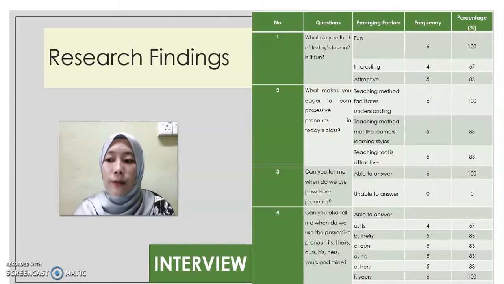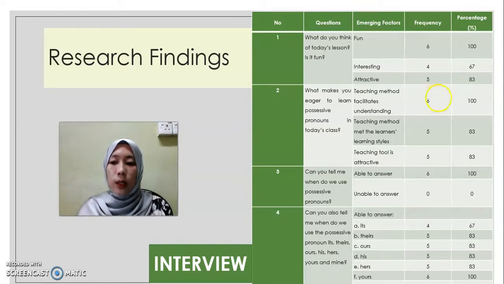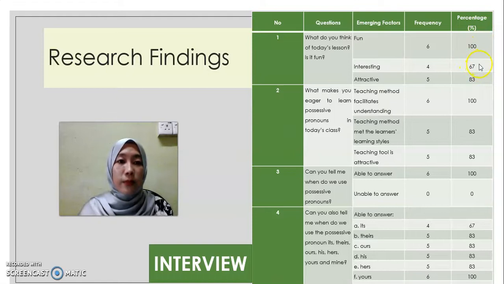And not only that, the interview session also supports the improvement of the pupils in the test. From the interview, it shows that all six research participants found that the implementation of multimodal approach is fun, and 67% of them found it interesting, and 82% of the participants found it to be attractive.